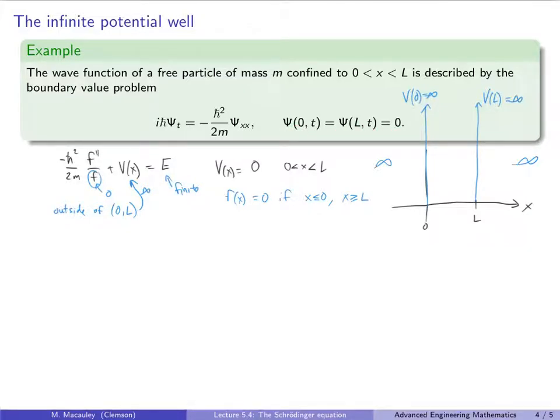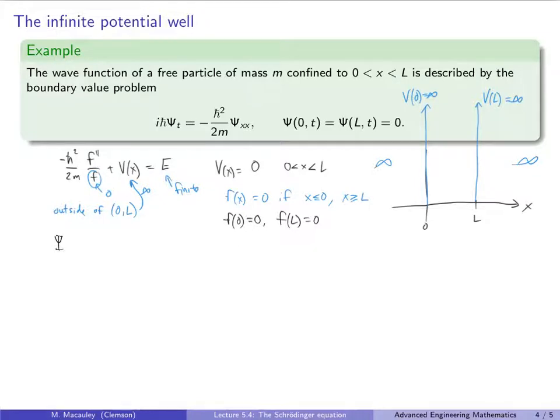Recall that in the heat and the wave equation, when we had these boundary conditions, that led us to f(0) equal to 0 and f(L) equal to 0. It's the same thing here. Okay, so now we could just jump to the end of where we left off in the last slide, just set V equals 0. But for continuity, I think it's easier if we just summarize the steps here. It'll be quick, but I think it's good.